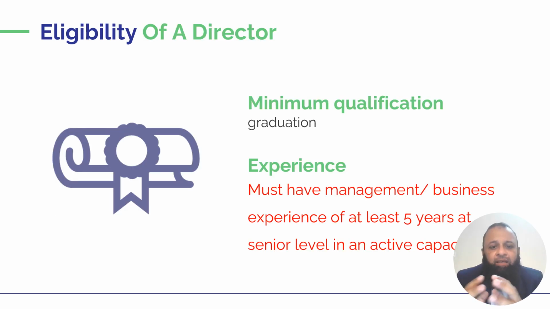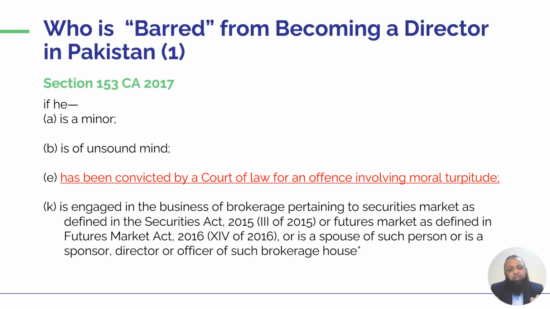The minimum eligibility of a director is graduation, and they must have management business experience of at least 5 years at a senior level in an active capacity. As per Section 153 of the Companies Act, certain individuals are barred from becoming directors.